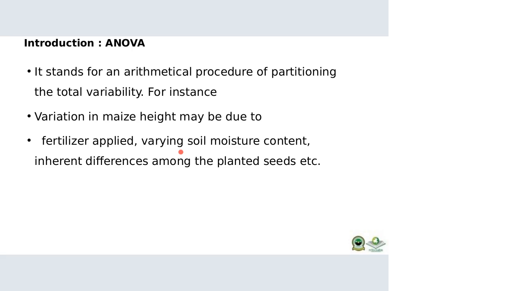ANOVA, like the name implies, is analysis of variance in full. It stands for an arithmetical procedure of partitioning the total variability. For instance, variation in maize height may be due to fertilizer applied, varying soil moisture content, inherent differences among the plant seeds, or even species of different maize plants.